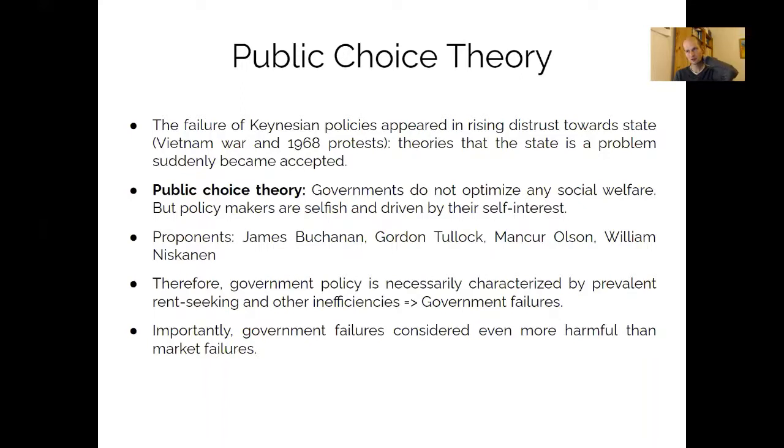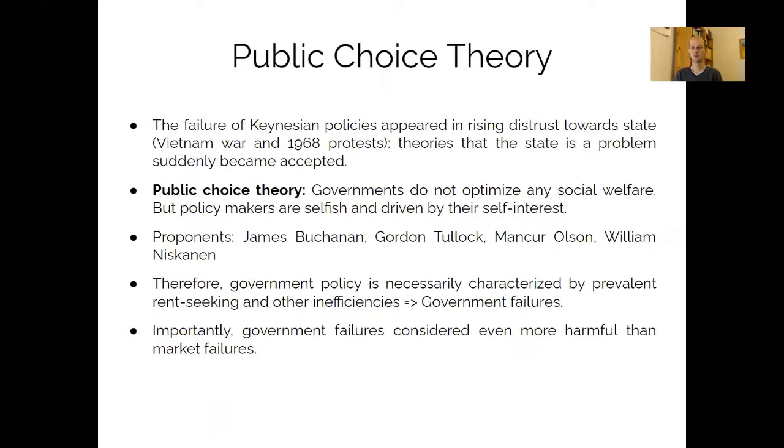In particular, the failure of the Keynesian policies in the late 1960s and in the 1970s appeared in times of rising distrust towards the state. There has been the Vietnam War, the protests of 1968, and also the Watergate affair in the 1970s. So it's been quite appealing to accept the theoretical implications of the theory, which are that the state is a problem, not just the market failures are a problem.